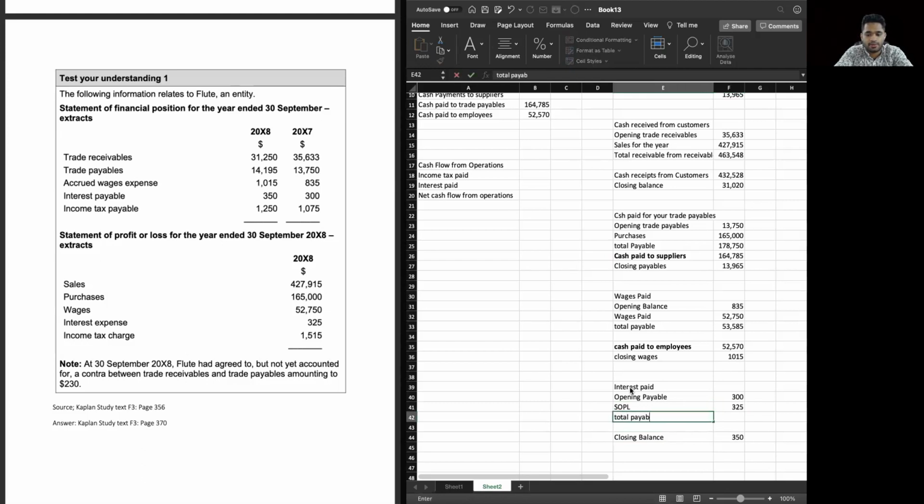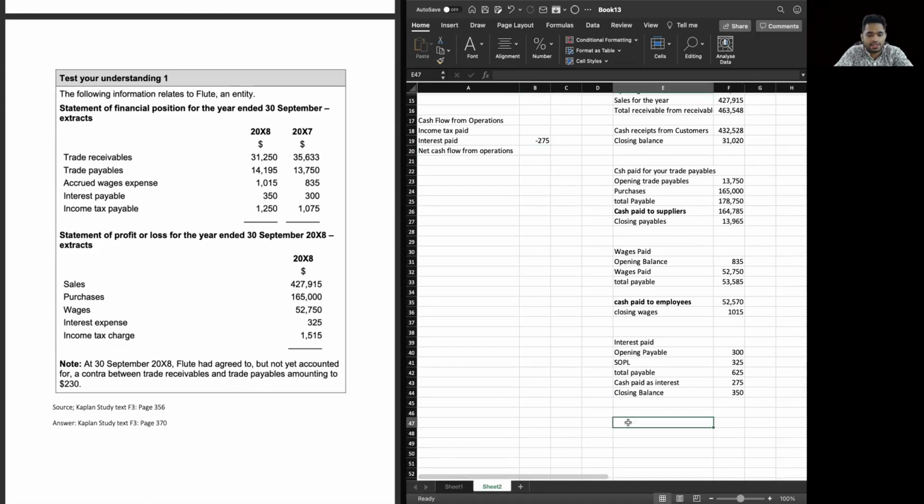So the total payable is going to be 625. So the difference between this is going to be the cash paid as interest. The 625 minus 350, that will be 275. So your interest paid is going to be 275.